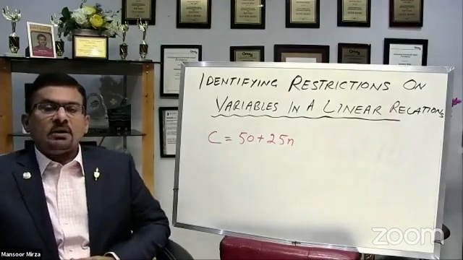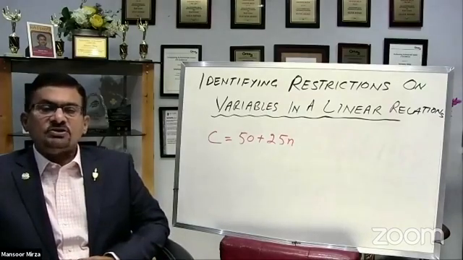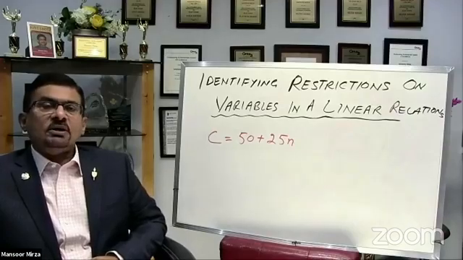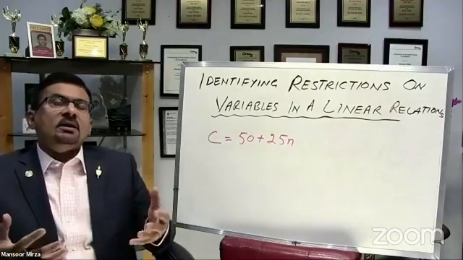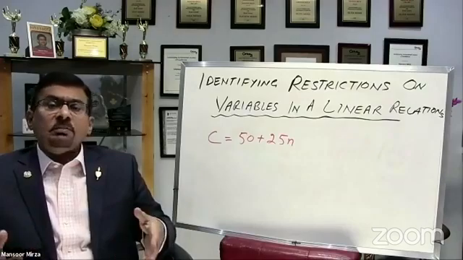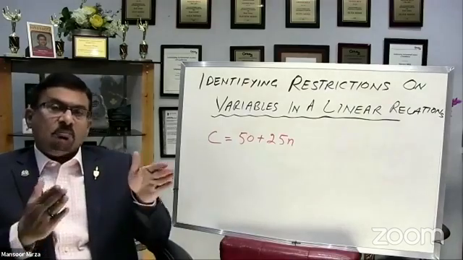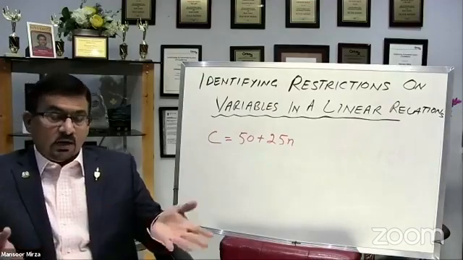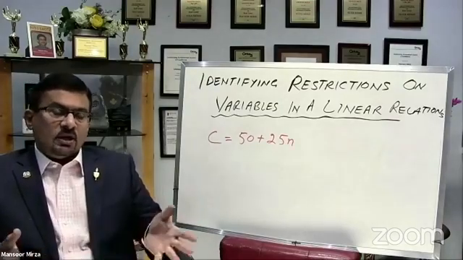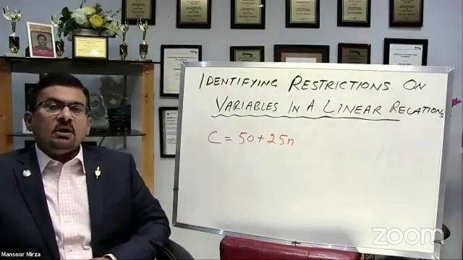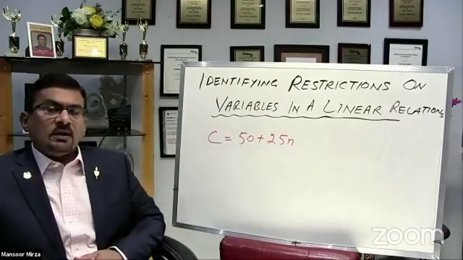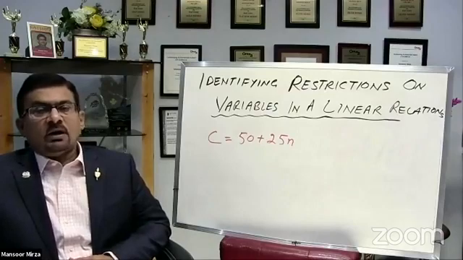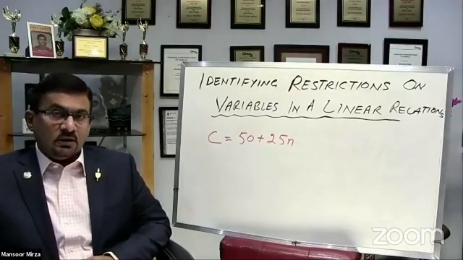So today's topic is identifying restrictions on variables in a linear relation. When we have a linear relation, sometimes we have to put a restriction, a minimum value and a maximum value. A very good example is used today, which I'll be discussing shortly, which will help you understand why we need those minimum or maximum restrictions on linear relations.